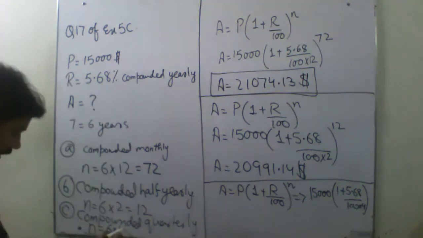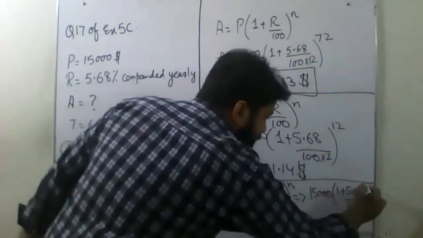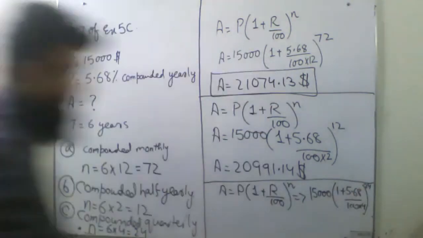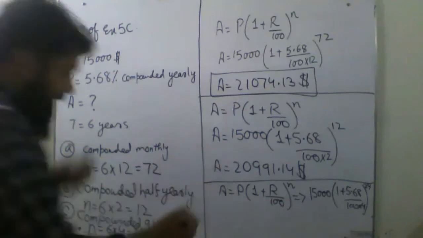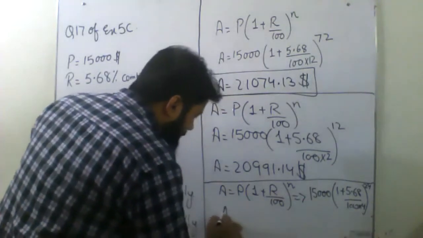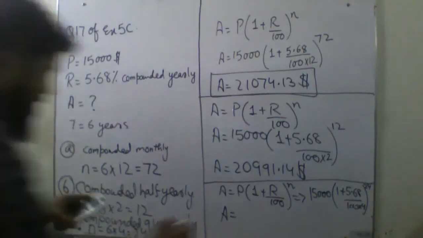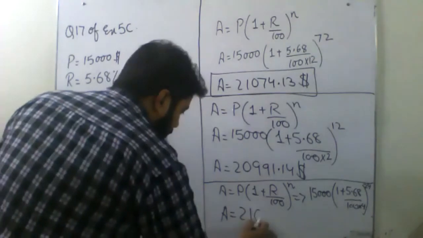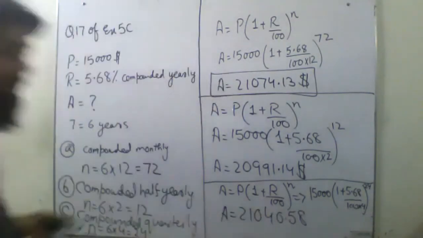So the total number of quarters in all will be 6 fours, 24, and I'm going to put 24 over here. When I simplify it using a calculator, my amount is coming 21040.58.